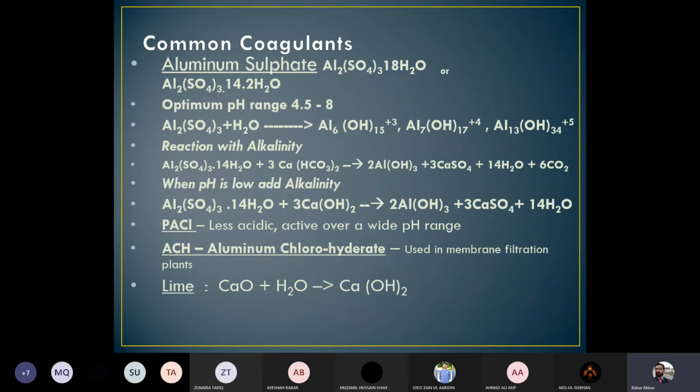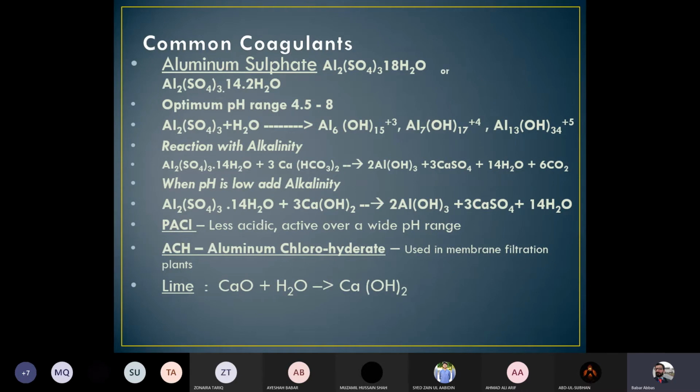So optimum pH range for the aluminum sulfate is 4.5 to 8, and aluminum sulfate when added to the water produces aluminum hydroxide ions, and these ions later on attract the negatively charged particles towards them to make the larger particles for the settling on later stages.